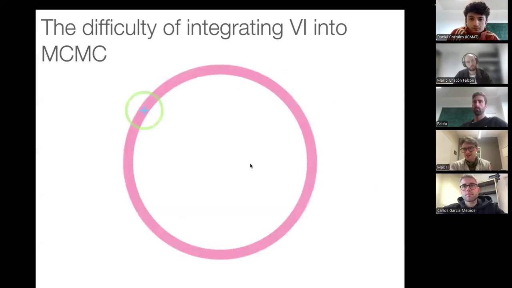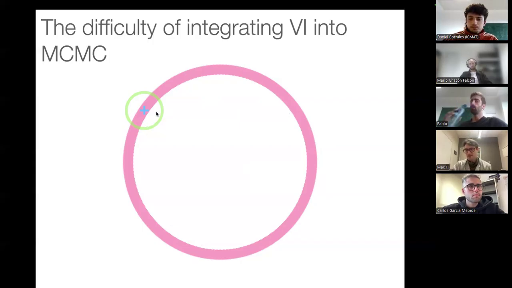So to illustrate this point, I have a simple example where we're attempting to sample from a target whose mass is concentrated within this pink ring.